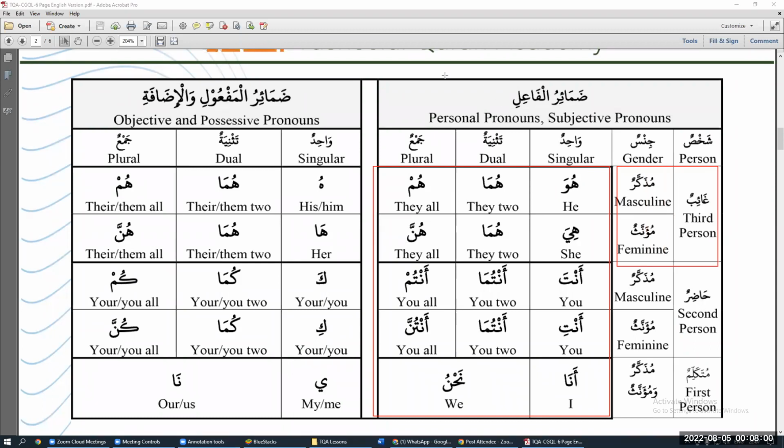Similarly, in hadir we have muzakkar and muannas. And in the mutakallim group we have muzakkar and muannas. Ghaib is who is not in front of you, the third person. Hadir is in front of you, the second person. Mutakallim is you who are speaking, the first person.